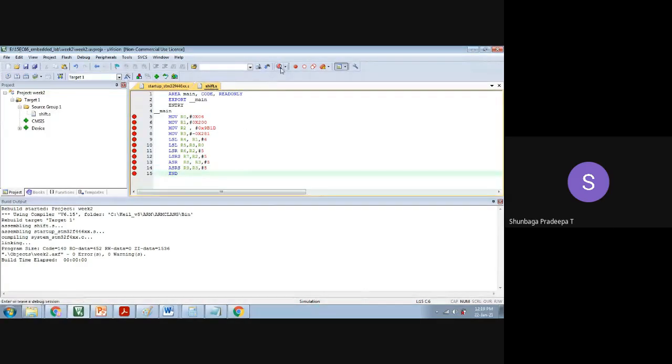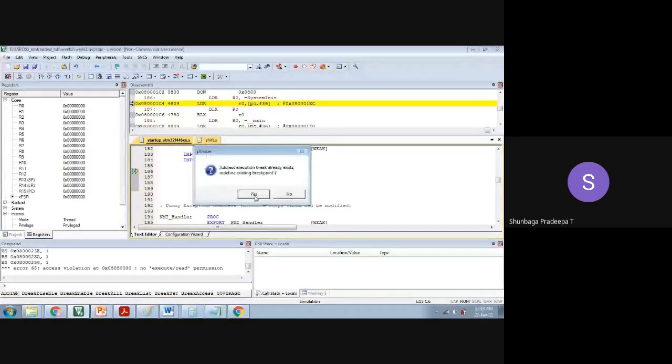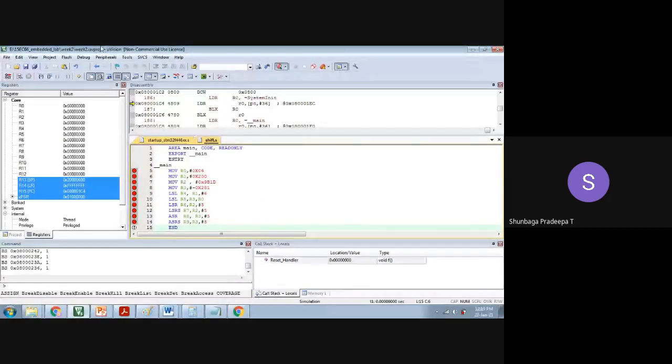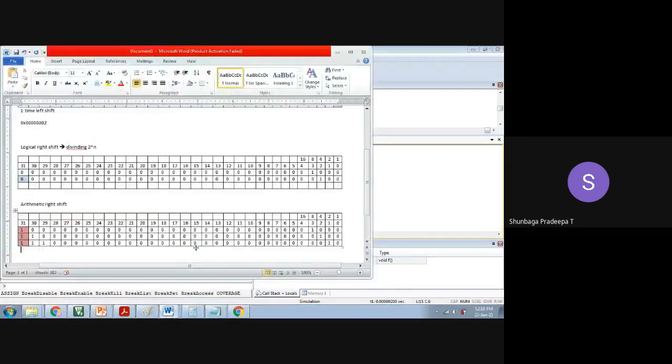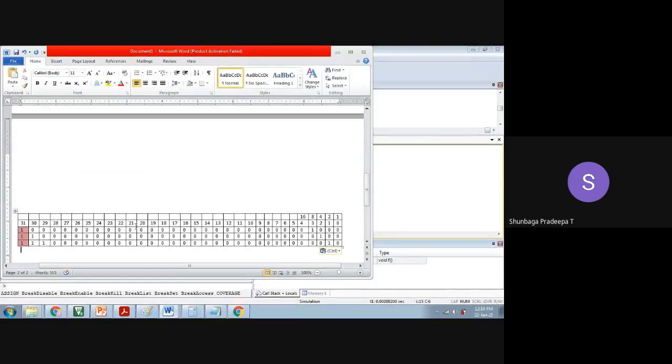Okay, we will put it in the debug mode. Please write the binary value of your 6 in R0 first.